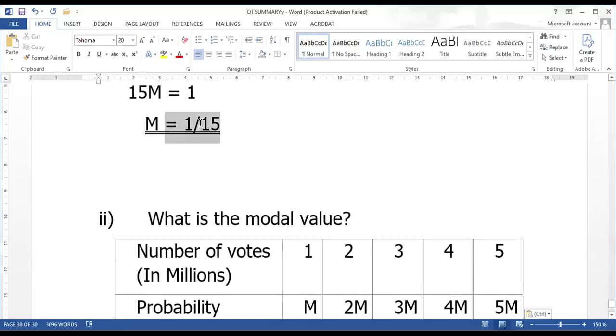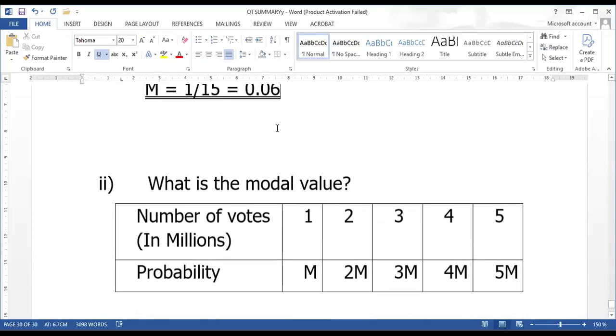Remember, m is 1 out of 15. This is equal to what in decimal points? It's 0.06.